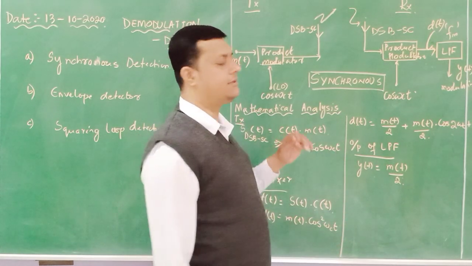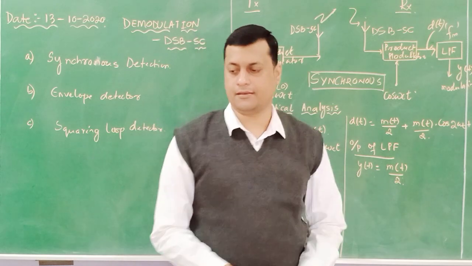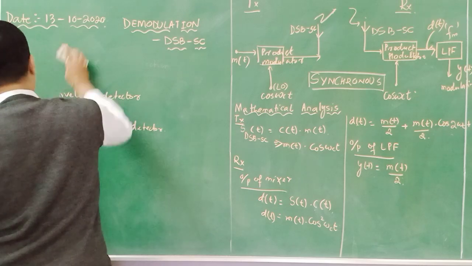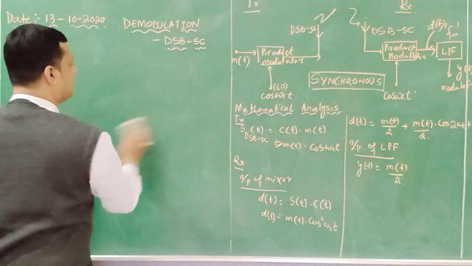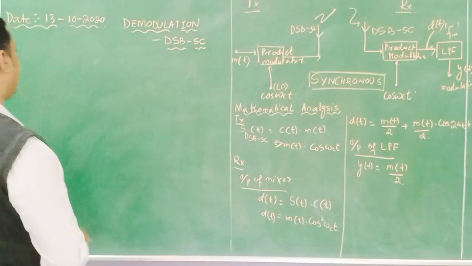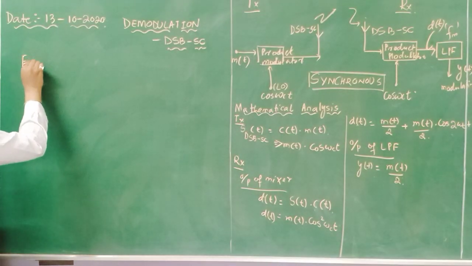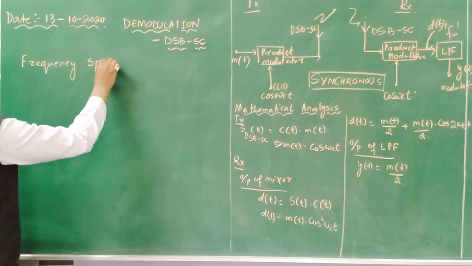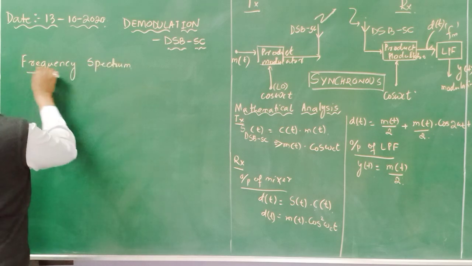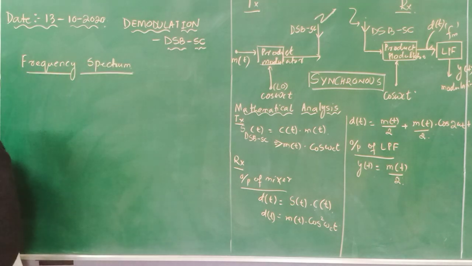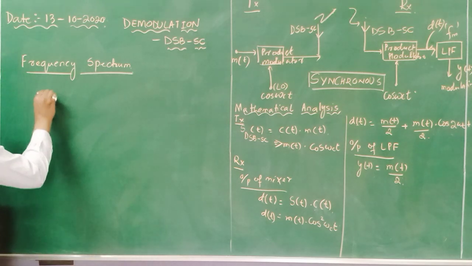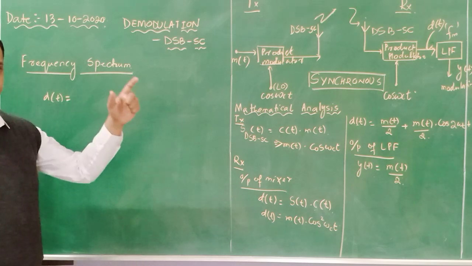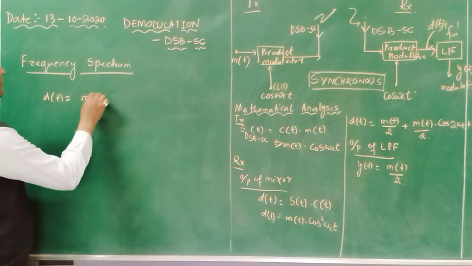Now we need to analyze this in terms of frequency domain. So in the frequency spectrum, I will take d of t first, because that is the output of the mixer at the receiver end, in which we have two components.